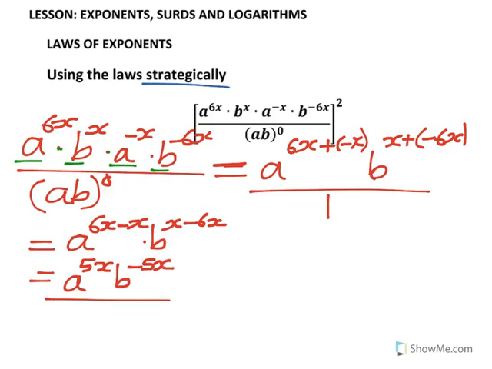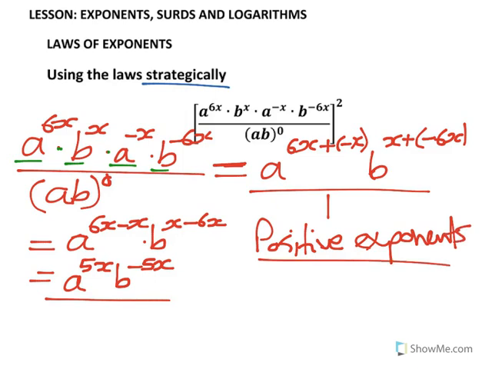If they say leave your answer with positive exponents, this question can continue from here. You are going to have a to the power 5x. Remember, you have b to the power minus 5x.